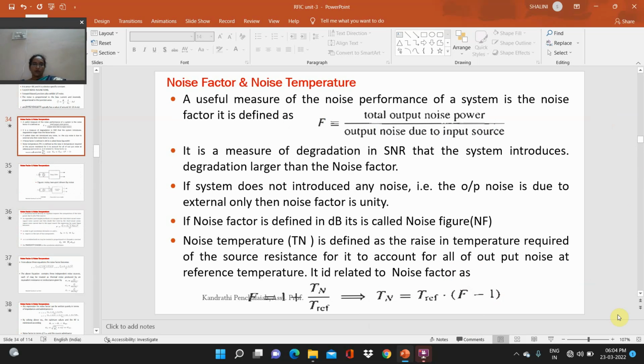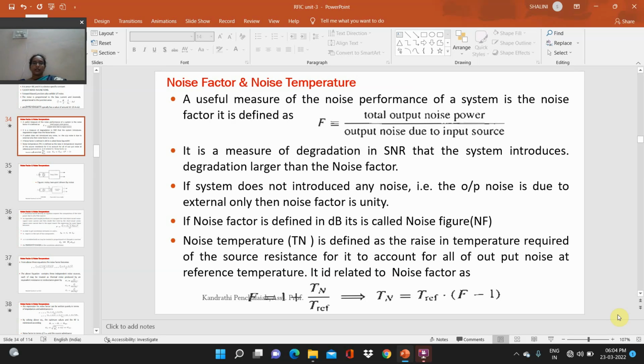It is a measure of degradation in SNR that the system introduces. If the system does not introduce any noise, that is, the output noise is due to the source only, then the noise factor is unity. If noise factor is defined in dB, it is called noise figure.